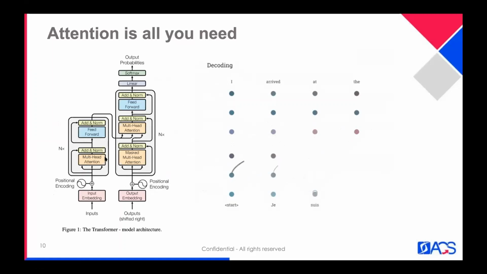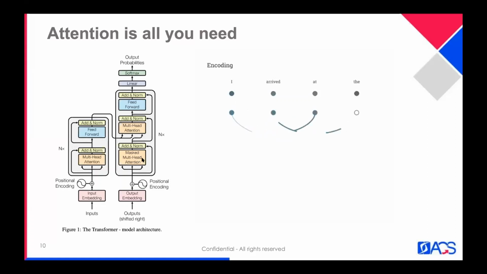The first is the self-attention mechanism, in which each word can attend to the other words. Then we have the cross attention, the same as we showed before.